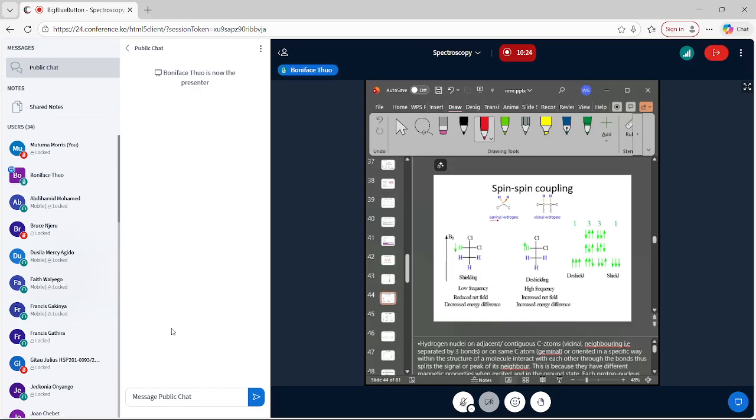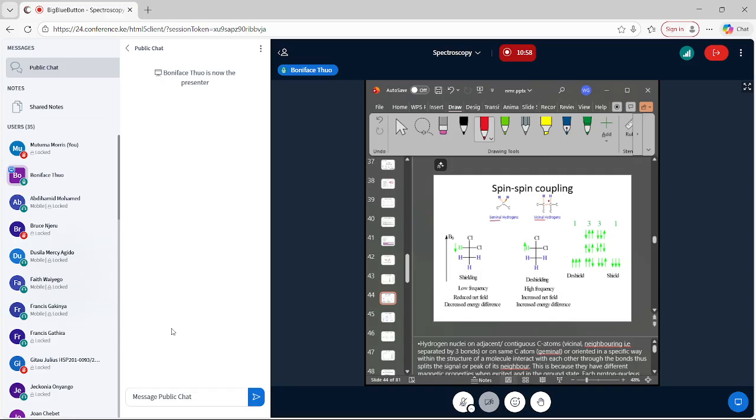Okay? You can also have two hydrogens which are on neighboring carbons. Those are known as vicinal hydrogens. Now, in most cases, geminal hydrogens will be in the same chemical environment and they will resonate at the same time, so they will give you a single peak.